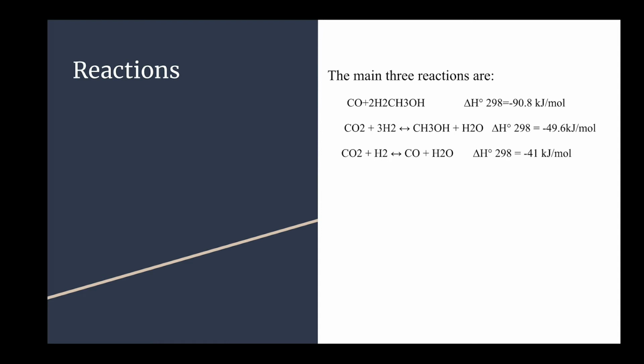Then the second reaction is carbon dioxide plus hydrogen, which gives us methanol and water. And the last one is carbon dioxide plus hydrogen, which gives us carbon monoxide and water. It's important that these reactions are reversible.